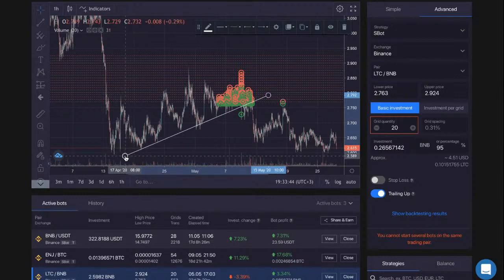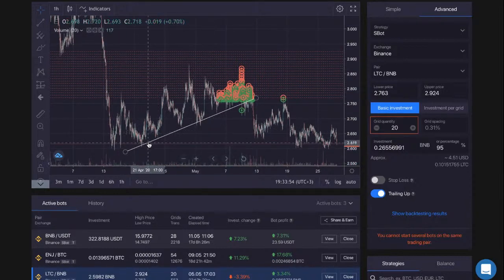So you see, I've noticed that the LTC trading to BNB cryptocurrency pair was respecting the support level, and it was bouncing off it almost each time. As you can see, it moved towards the support level and then bounced off again, bounced off. So that's why I entered the trade here.